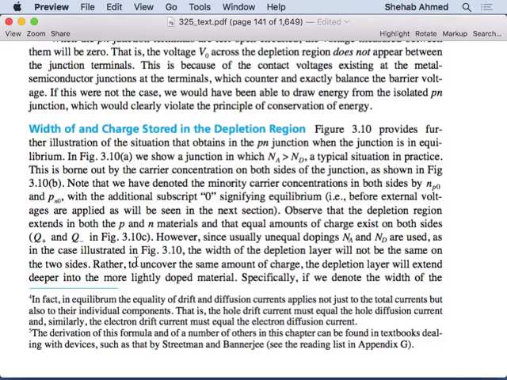So the holes will move a little bit more difficult. The diffusion current is due to both moving, right? So I may need more holes on the P side to have the same contribution of charge movement due to the N side. So that's what this section is talking about.